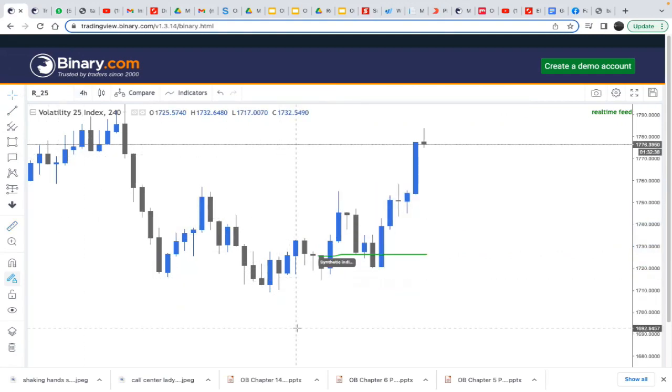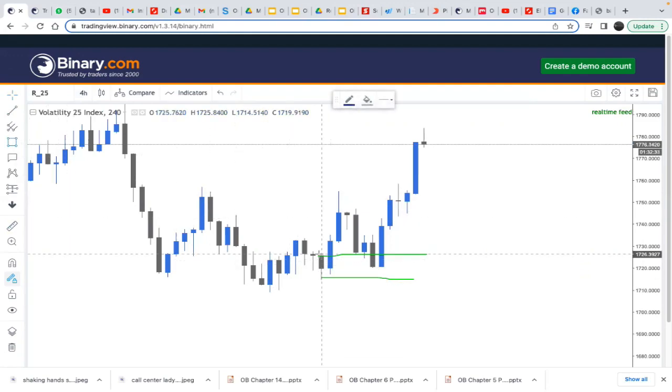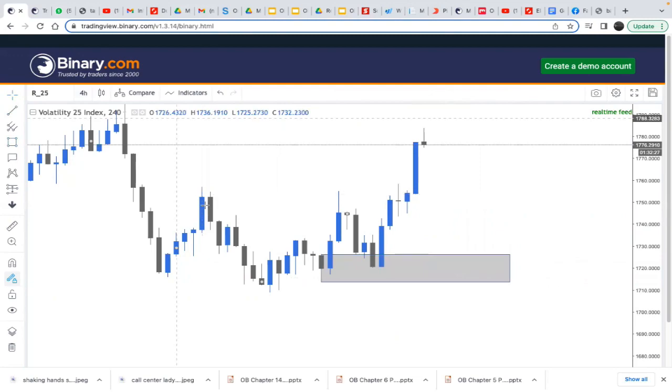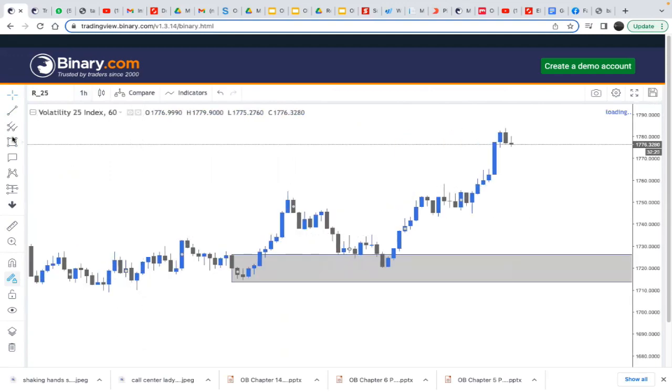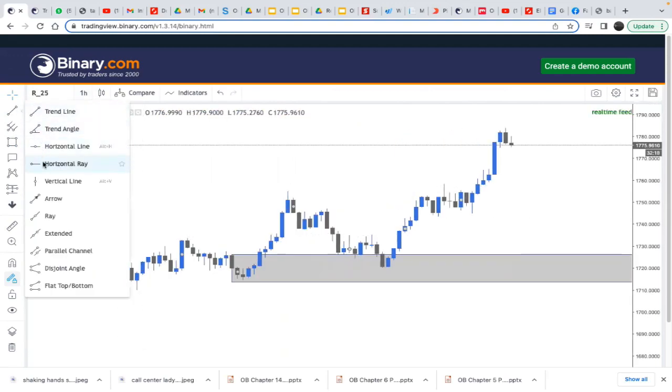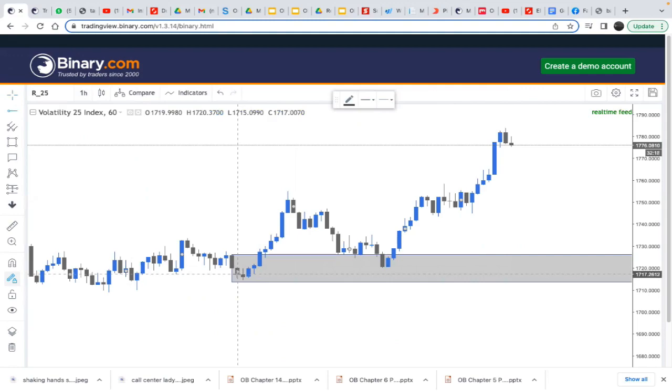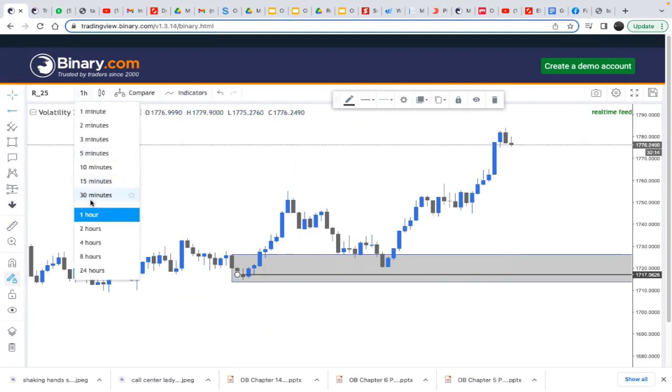Look at this one. Can you draw an order block here? Brilliant, right? H1, let's look for an imbalance on the H1. Let's scale down and look for the imbalances. Nice, M30.